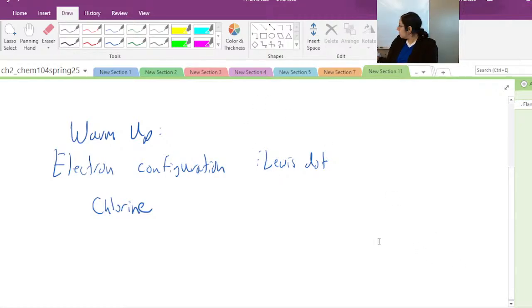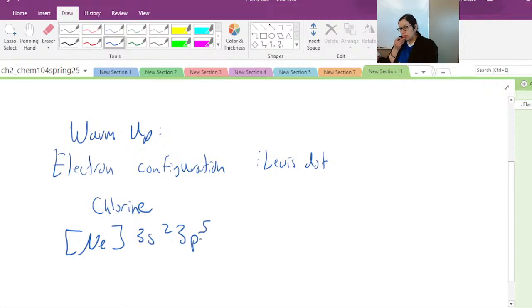All right, do we have thoughts for either one of these? Do we have electron configuration by any chance? You want to go for it? So that looks good to me.